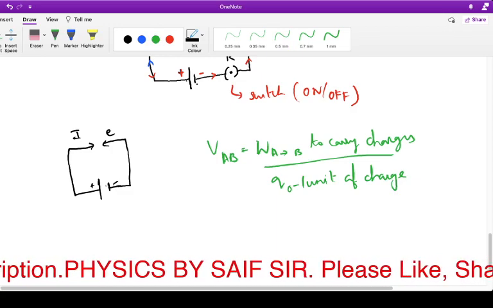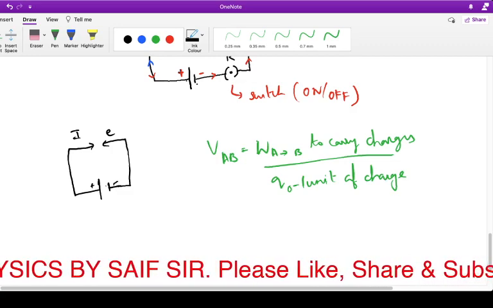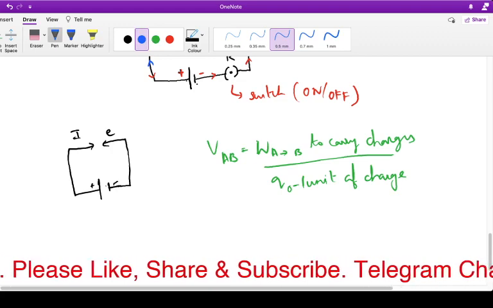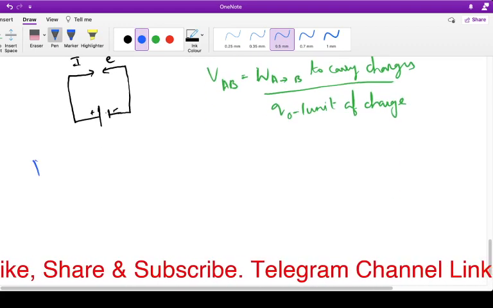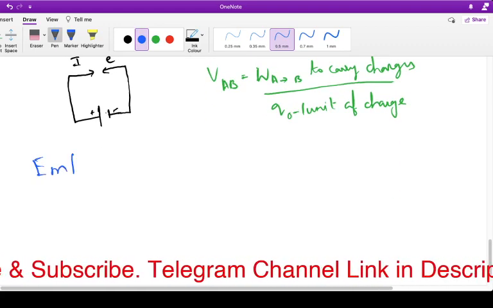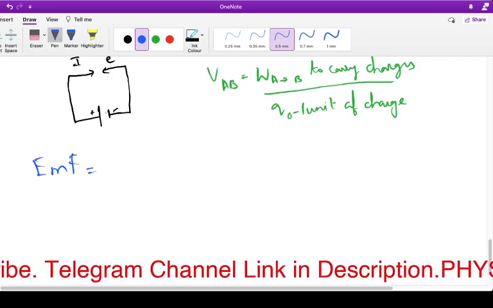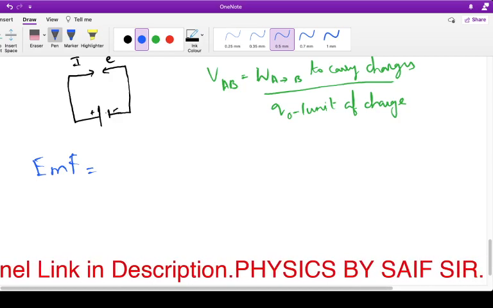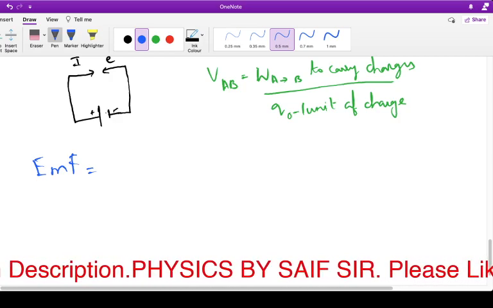Now there is one more topic, called EMF, that is electromotive force. EMF is taken from one terminal to another terminal of the circuit.